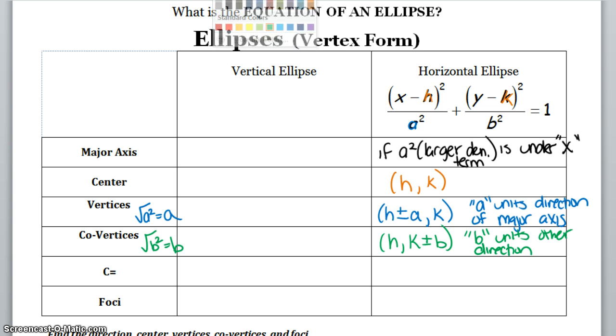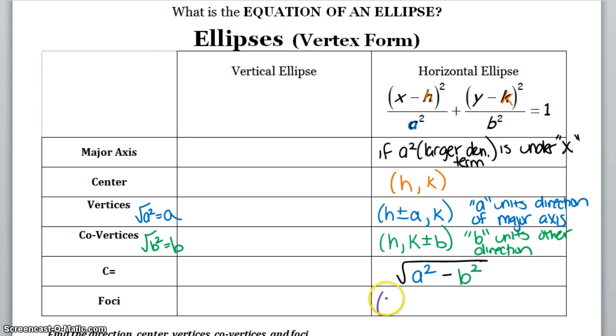Now, we already have our formula for figuring out c. c is going to be the square root of our a squared minus the b squared. Once you figure out that value, you can use it to find your foci.